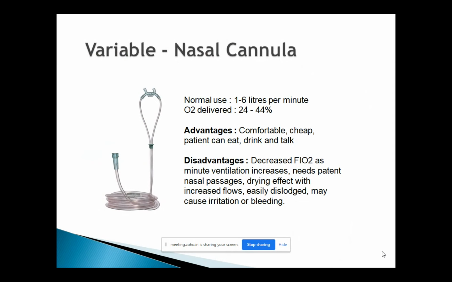But if you look at the percentage of oxygen, it varies from 24% to 44%. So there is no set percentage a patient can achieve by receiving oxygen via nasal cannula.